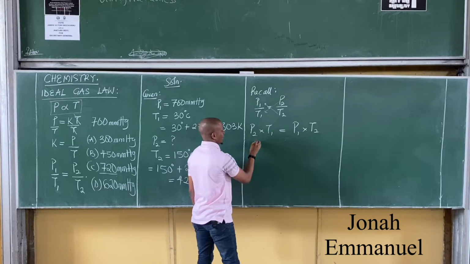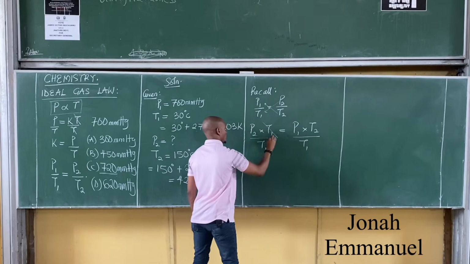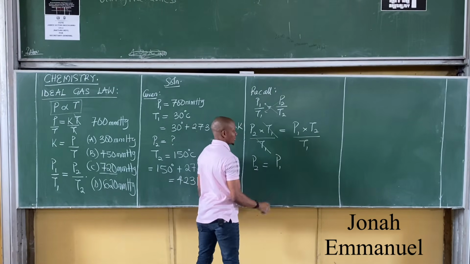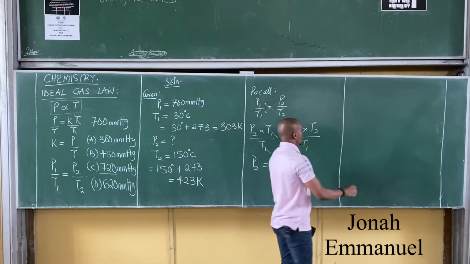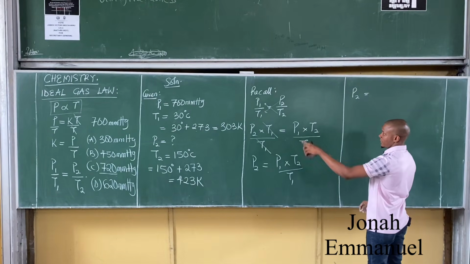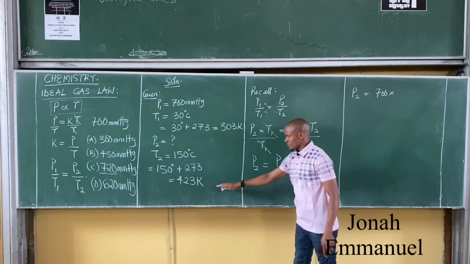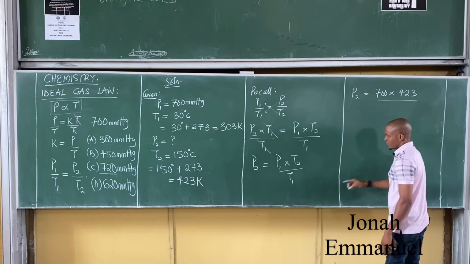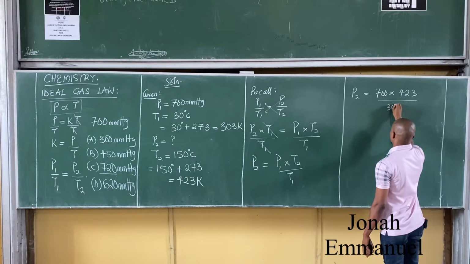To make P2 stand alone, I'll divide both sides by T1, which cancels T1. So P2 is equal to P1 times T2 over T1. In values, P2 equals 700 times 423 all over 303.